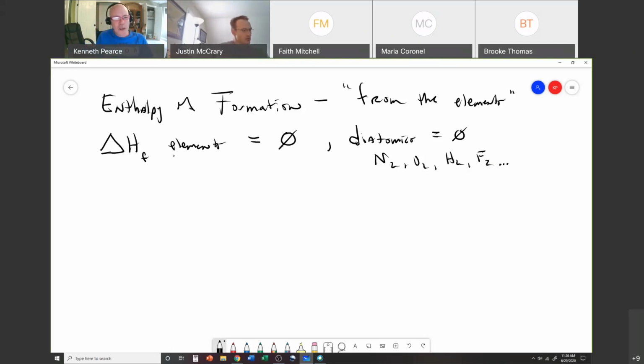It means that you can have a Hess's law equation that looks like this. What's the formation of H2O? We'll say H2O gas, because the state is actually important.